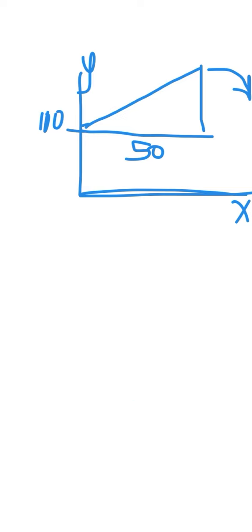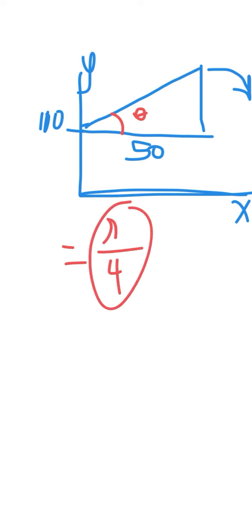Now we can move on to the second part of the question, which is to find the angle that is made with the x-axis. So this angle here, we need to find that angle. It's quite simple to find this angle. All you need to know is that this angle is equal to pi over 4.